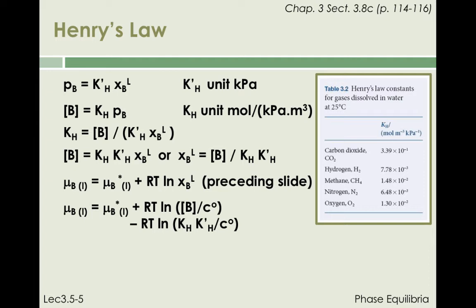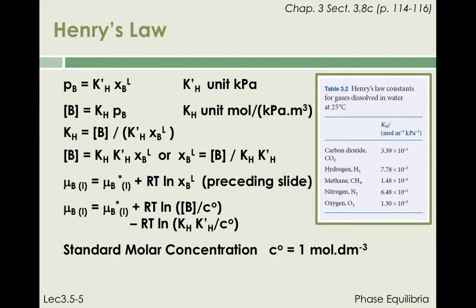Note that we have included a term C standard in the argument of each logarithm term to ensure that these arguments are unitless, as they should be. The standard molarity is defined as 1 mole per cubic decimeter or 1 mole per liter. We combine the first two constants on the right-hand side of the expression of the chemical potential to define a new standard chemical potential applicable in the limit of ideal dilute solution at the hypothetical standard concentration of 1 mole per liter.